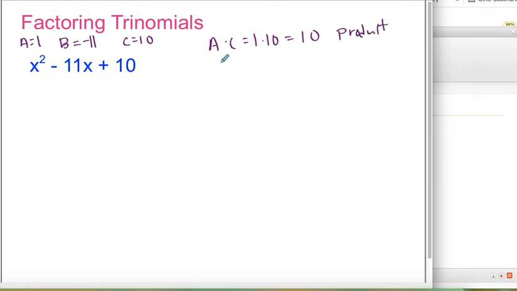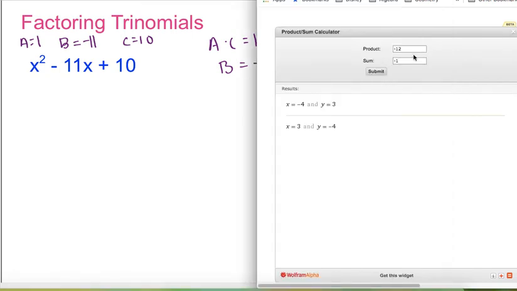And then B is what you want the sum to be. You're going to go to the Wolfram Alpha calculator. You want a product of 10 and a sum of negative 11. So product we want is 10. The sum we want is negative 11.